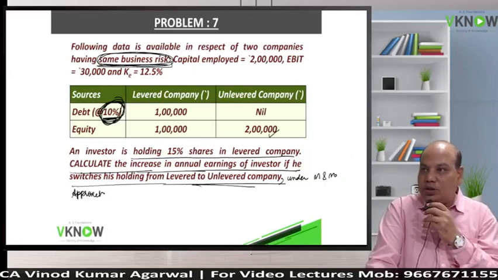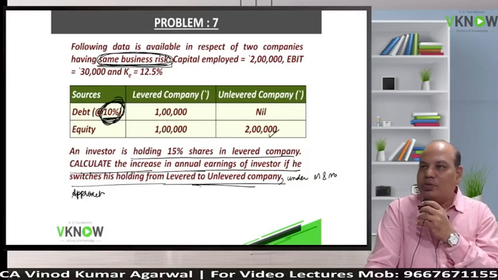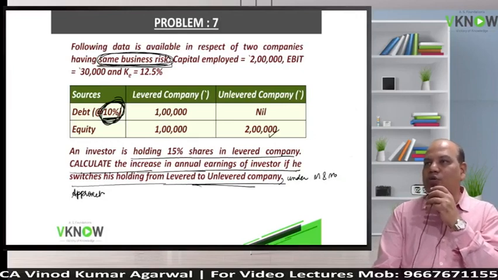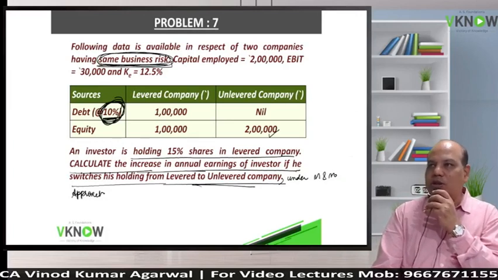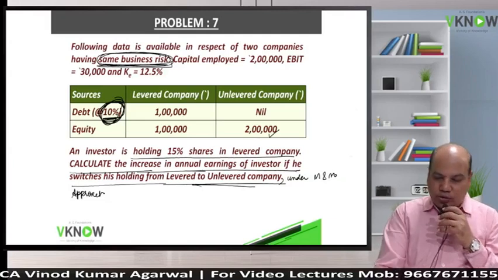If one person does it, more people will do the same exercise. When more and more people make arbitrage profit, the value of the two firms will be equal. The one which is overvalued, its price will fall. The one which is undervalued, its price will rise. So now first write down the calculation of value of the two firms.